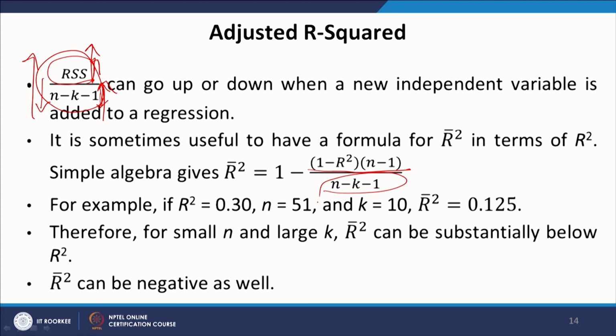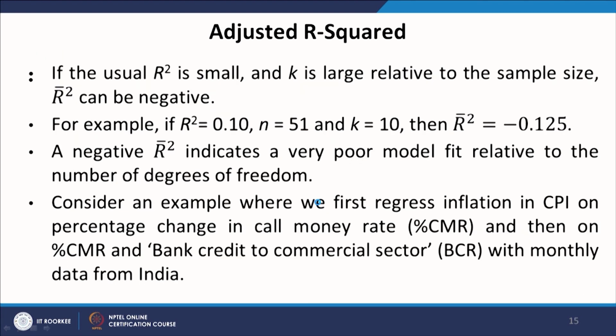So, therefore, for small n, that is when the sample size is not very large, and large k, that is when relative to the sample size the number of independent variables is large, R bar square can be substantially below R square. R bar square can be negative as well. So, if the usual R square is small and k is large relative to the sample size, then R bar square can be negative.